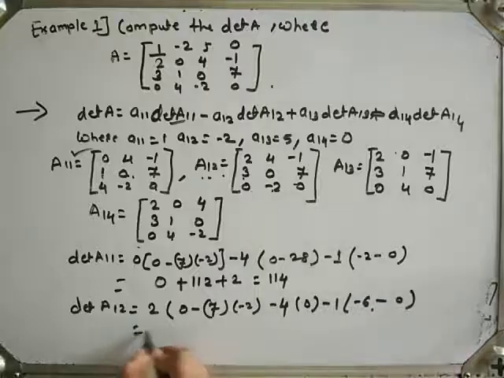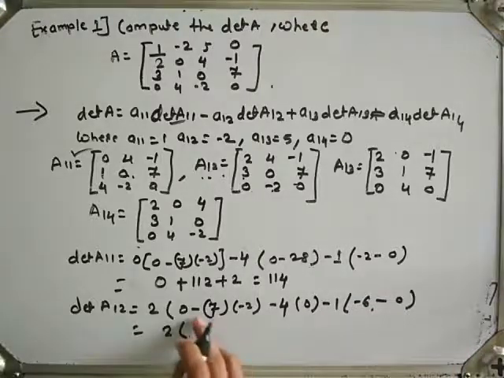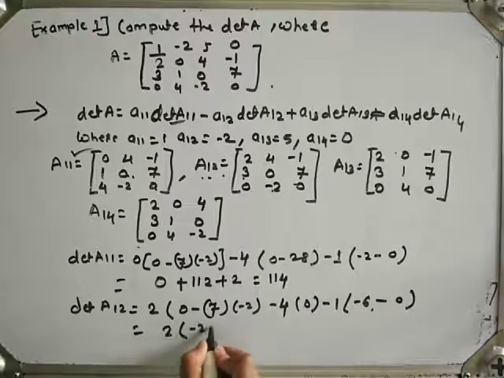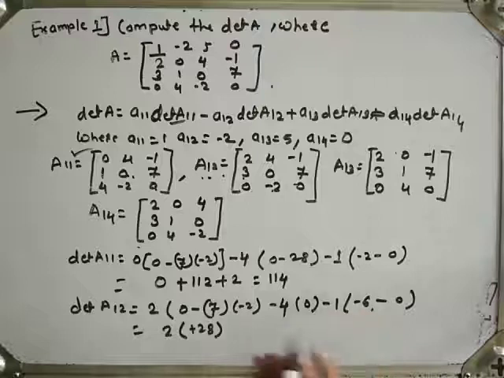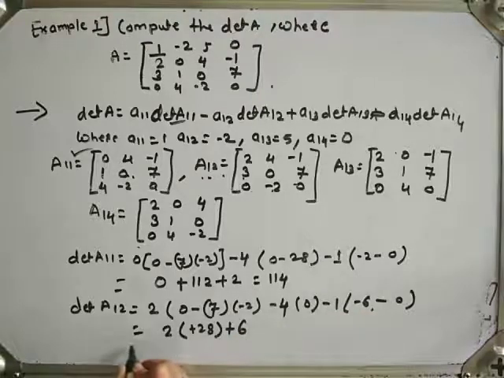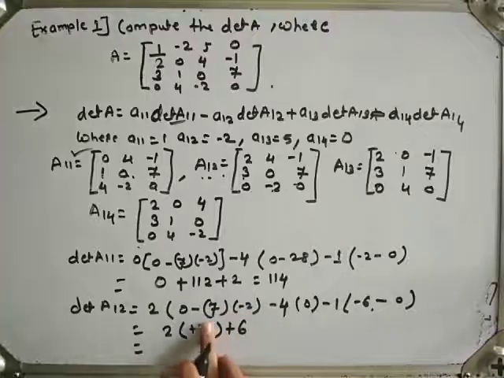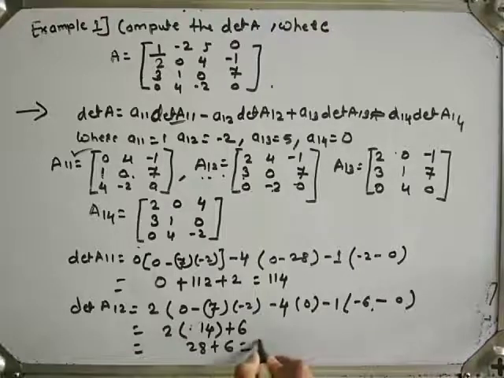Okay, which is equal to 2 into 7 into 2, which is plus 28, minus 4 into 0 is 0, minus 1 into -6 is plus 6. This 28 plus 6 is equal to 34.